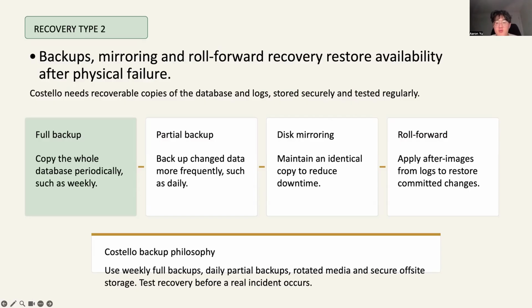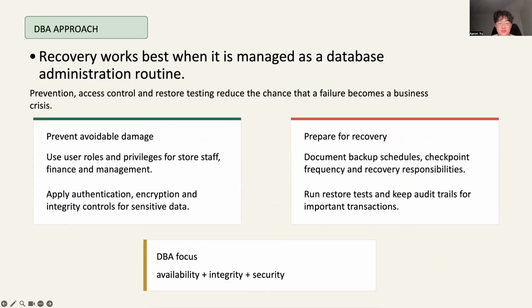Disk mirroring can reduce downtime by maintaining an identical copy of the database. If a database must be restored from backup, roll forward recovery can apply after images from transaction logs to restore committed changes after the backup point. This helps Costello reduce data loss and return to normal operations more quickly.